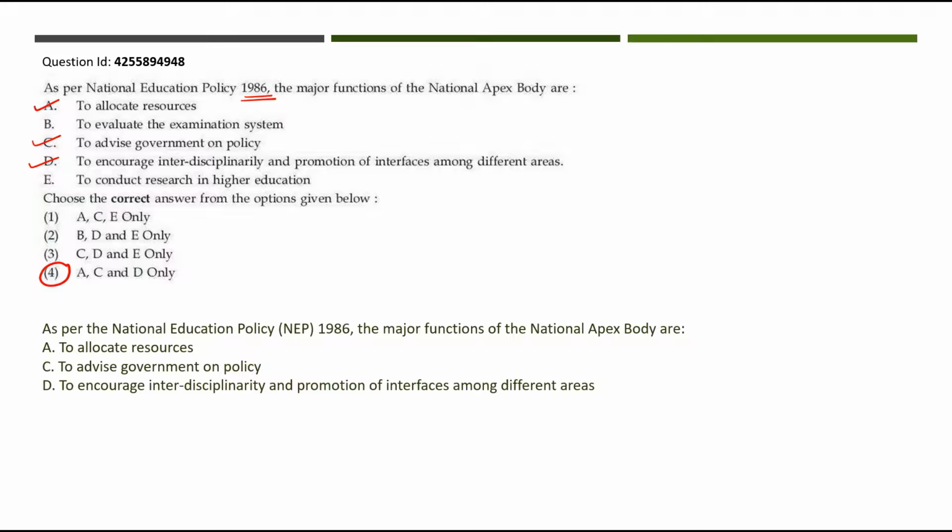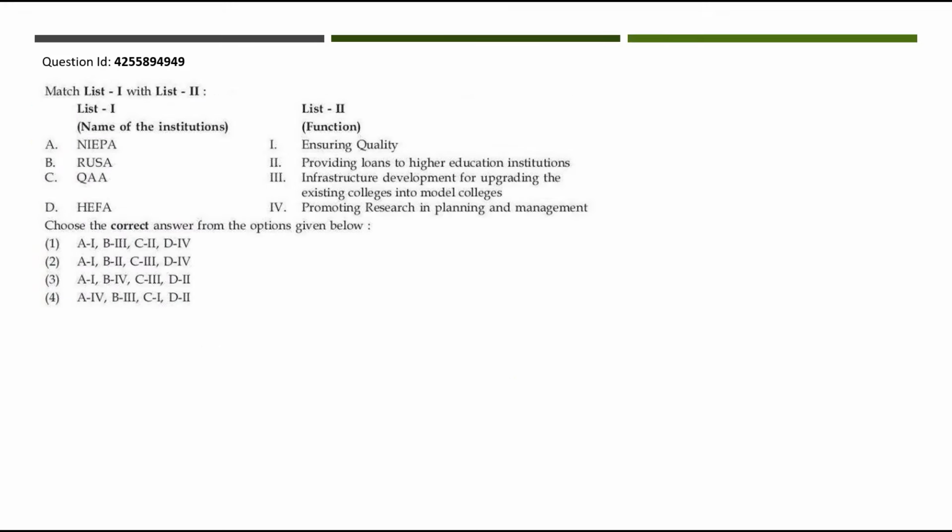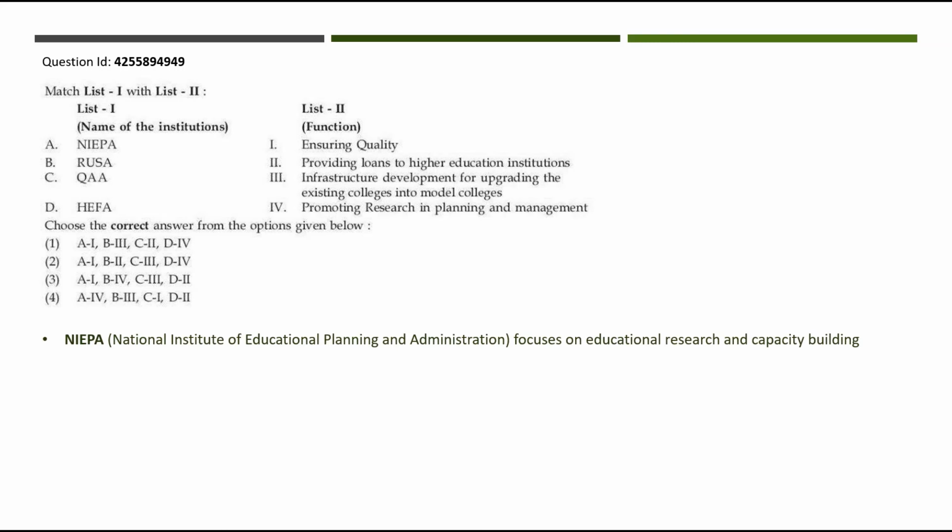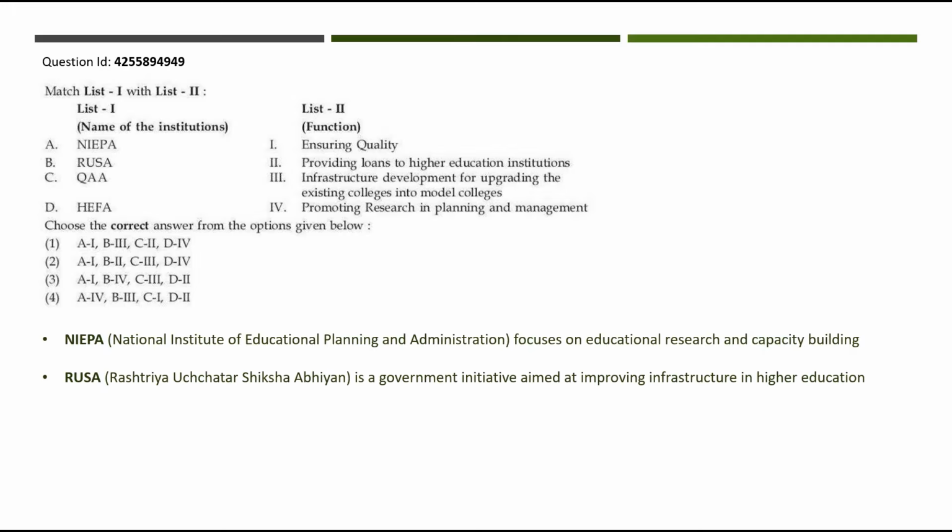Next question. Match list 1 with list 2. List 1 has name of the institutions and the functions are listed in list 2. Let's start one by one in list 1. NIEPA, National Institute of Educational Planning and Administration, focuses on educational research and capacity building.